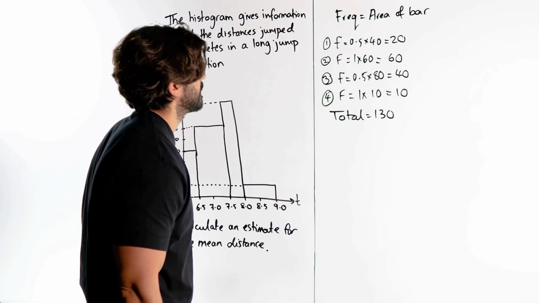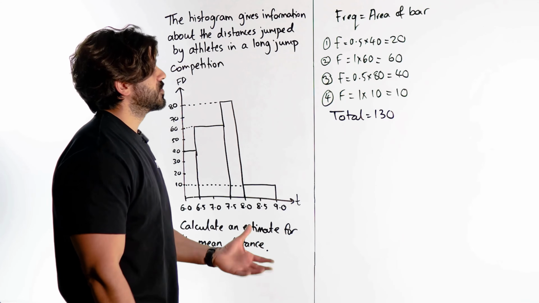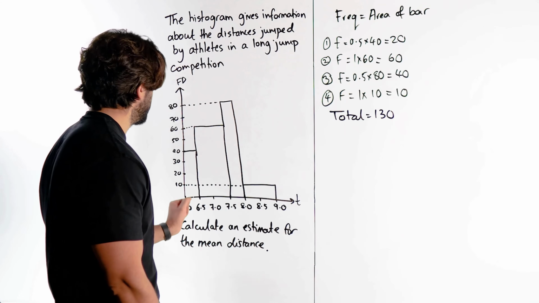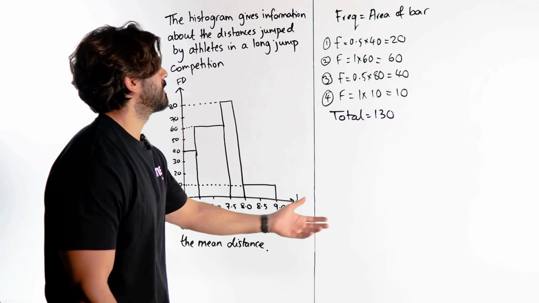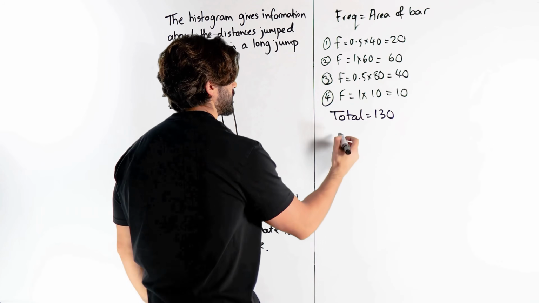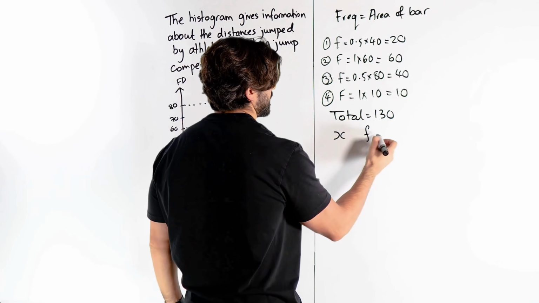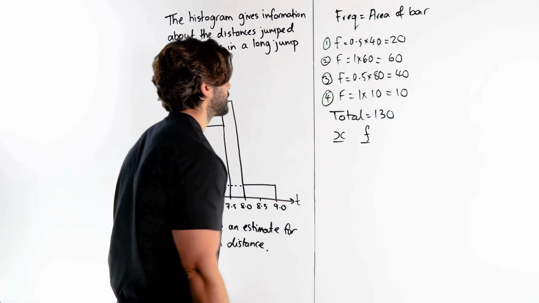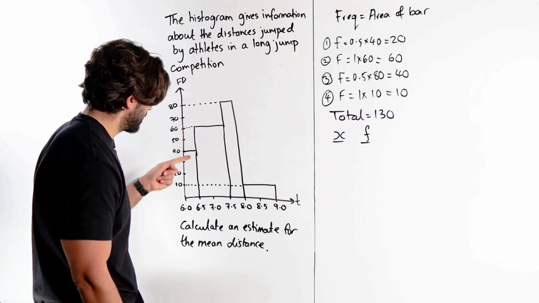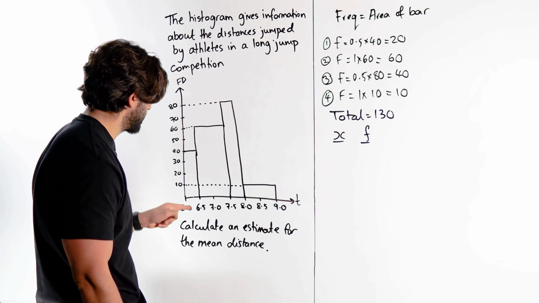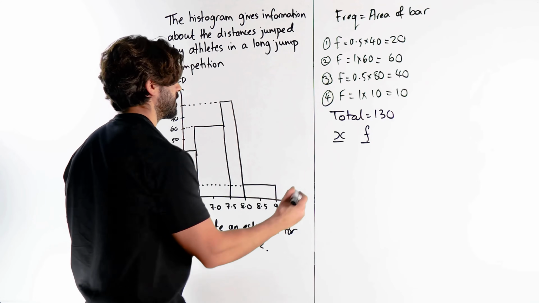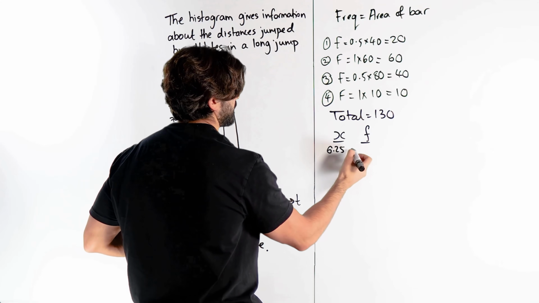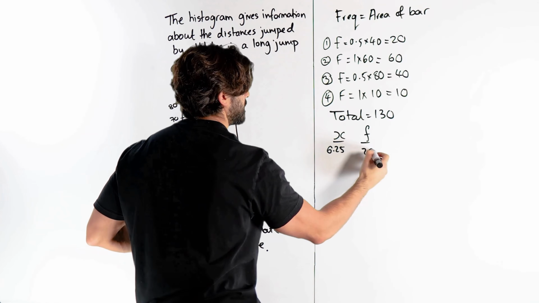Okay? So all we need to do to find the mean now is take the midpoints of each group and multiply them by their respective frequencies. If you remember, we call the midpoints x, and f is our frequencies. For my first bar, the middle value between 6 and 6.5 is 6.25, and the frequency of that group was 20.